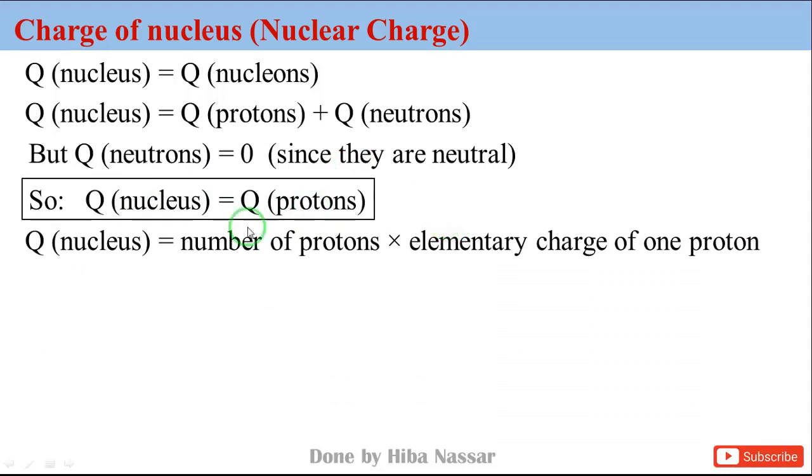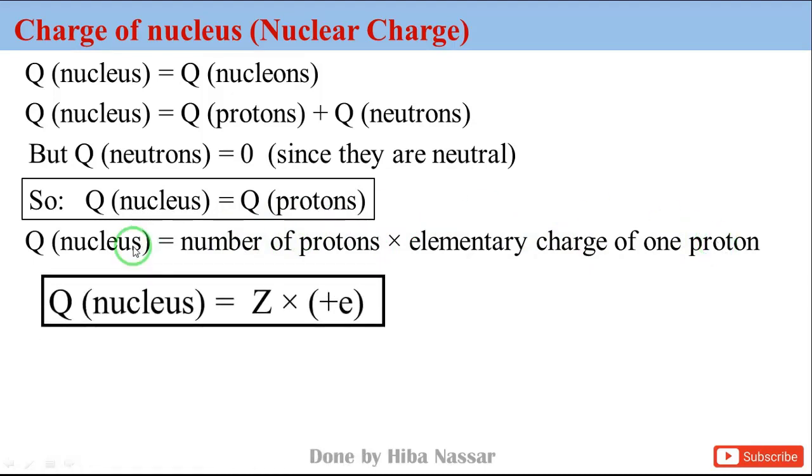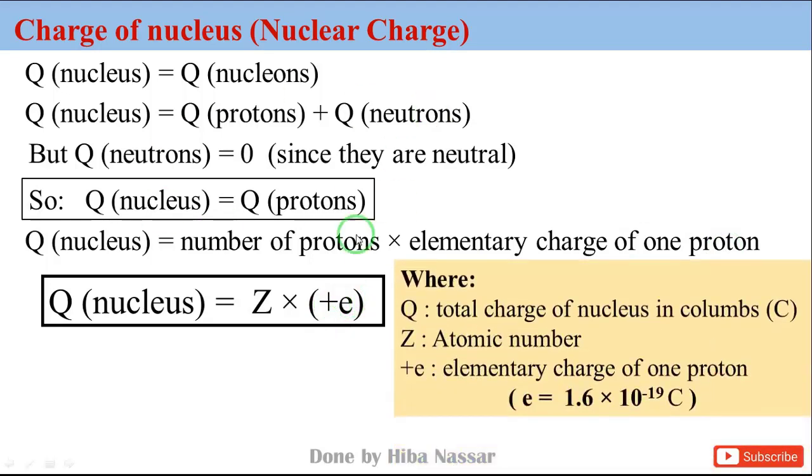So in return, it's equal to the number of protons times the elementary charge of one proton. Instead of number of protons, we can write capital letter Z, which is the atomic number. And instead of the elementary charge of one proton, we can write small letter e. So here in this formula, capital letter Q represents the total charge of the nucleus in coulombs.